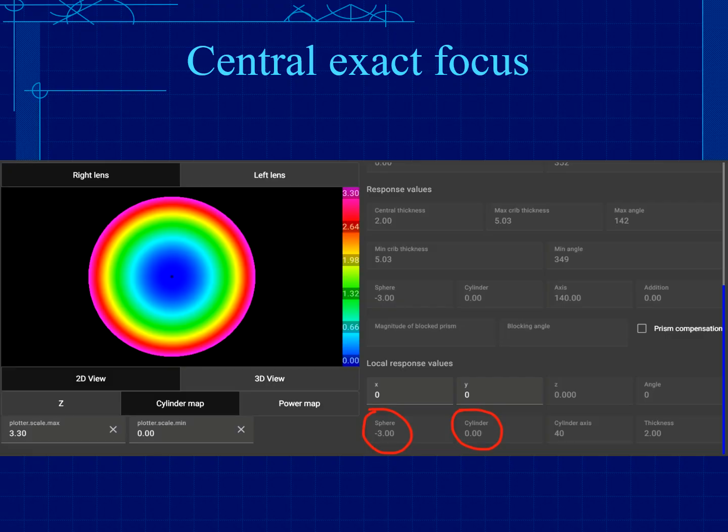However, as you can see over here, at the center part of the lens the power is, for instance, minus 3 without any cylinder.